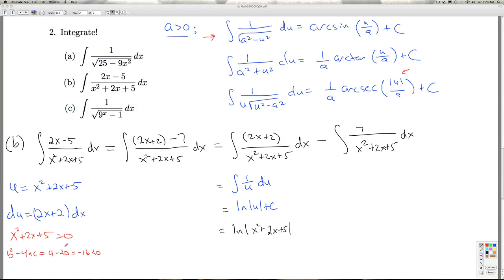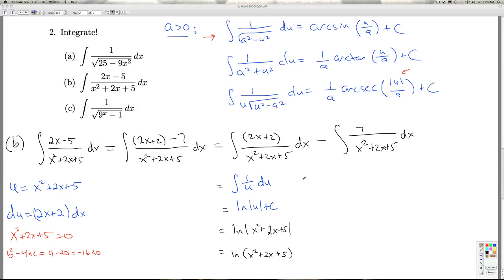That means that there's no real solutions to this quadratic. And since it has a y-intercept of 0, 5, that means the graph is always going to be above the x-axis, which means the function is always going to be positive. So I can actually drop the absolute values on that. Okay, so that's going to handle that first part.